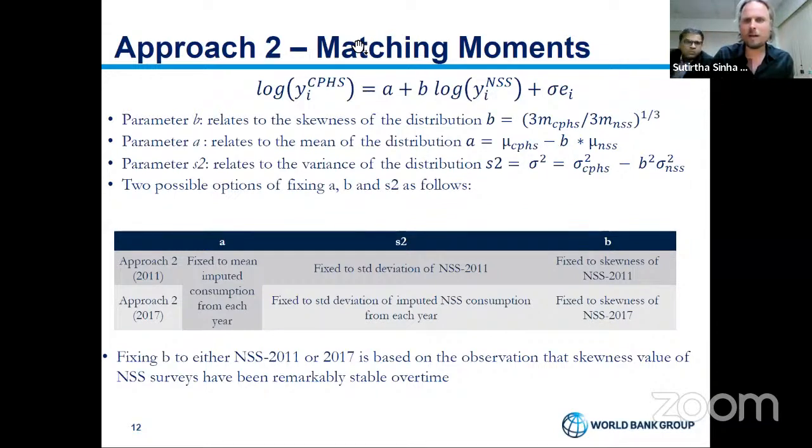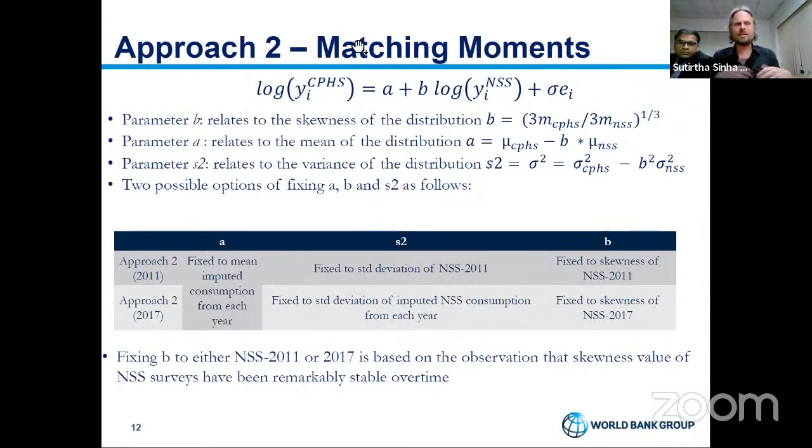MLE in this case would be equivalent to OLS, or generalized least squares, if you assume that the errors are normal. And the reason why we're not able to implement OLS or maximum likelihood in this case is that we don't have a sample of households for which both measures of consumption are observed.